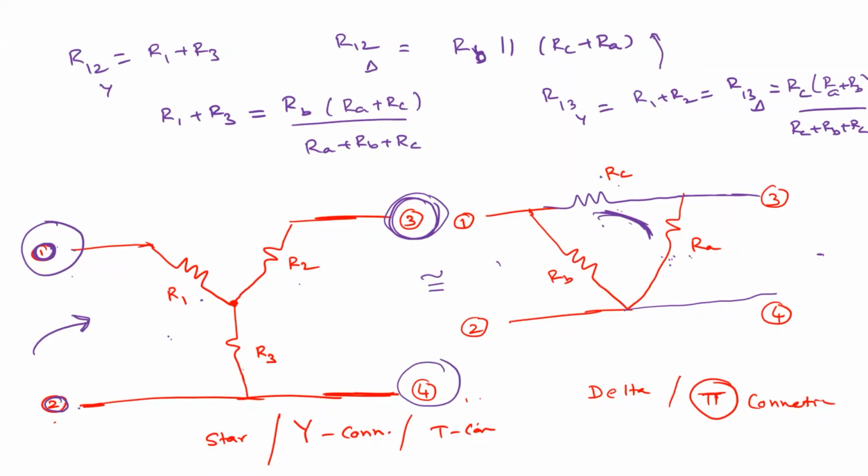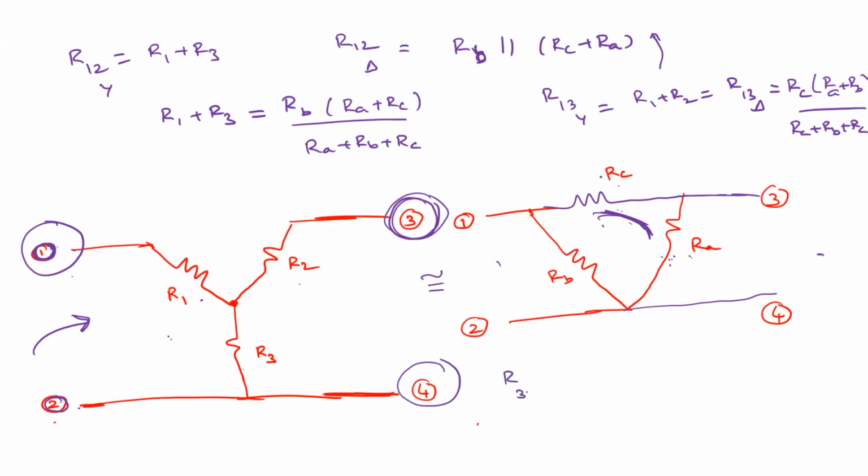So now consider this 3 and 4. What will you get if you consider 3 and 4? R3, 4 in star, R3, 4 in delta. So what is R3, 4 in star?